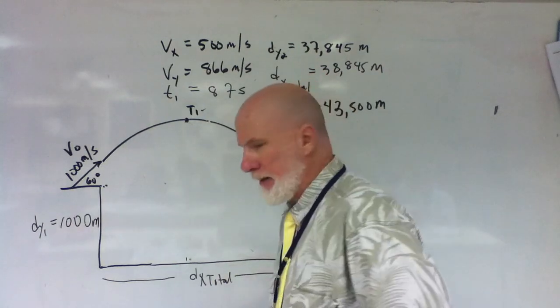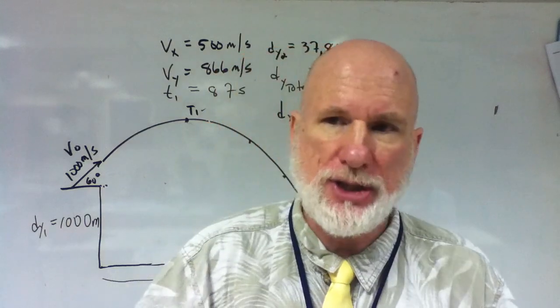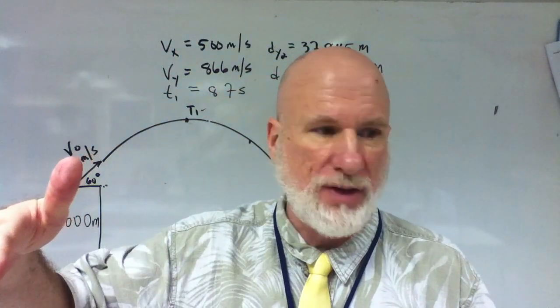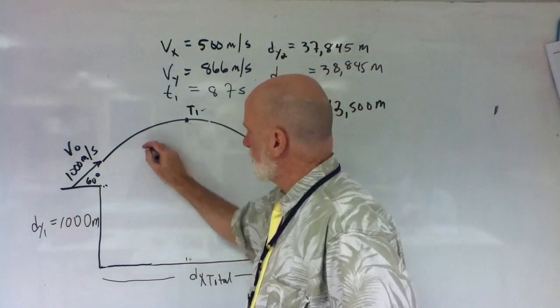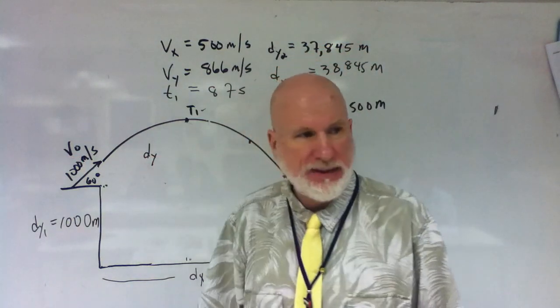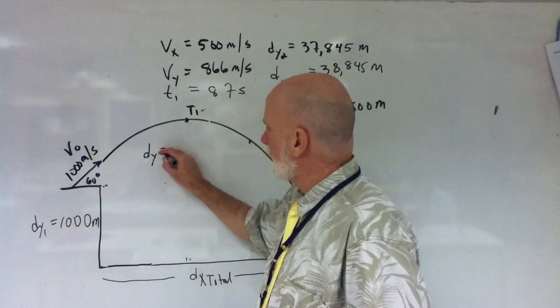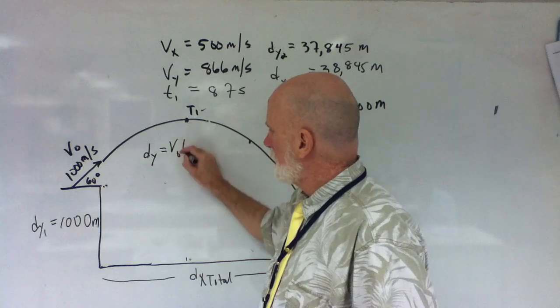Remember we actually wrote a shortened equation if you have free fall where the initial velocity is 0. Didn't we say dy, the distance in free fall, in this case it's d total, equals v naught t?